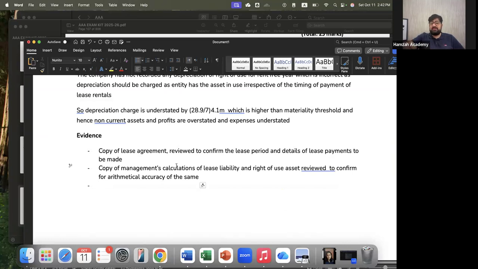So a copy of the management calculation should be present in the audit file as evidence collected by the team. This is evidence, not procedure, remember that. Calculation of lease liability reviewed by my team member to confirm the arithmetical accuracy of the same.